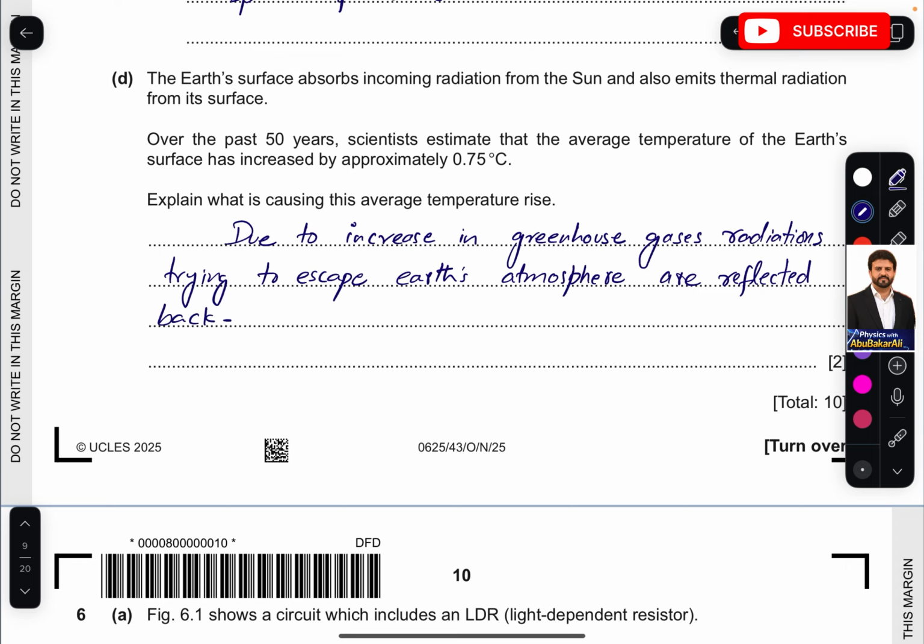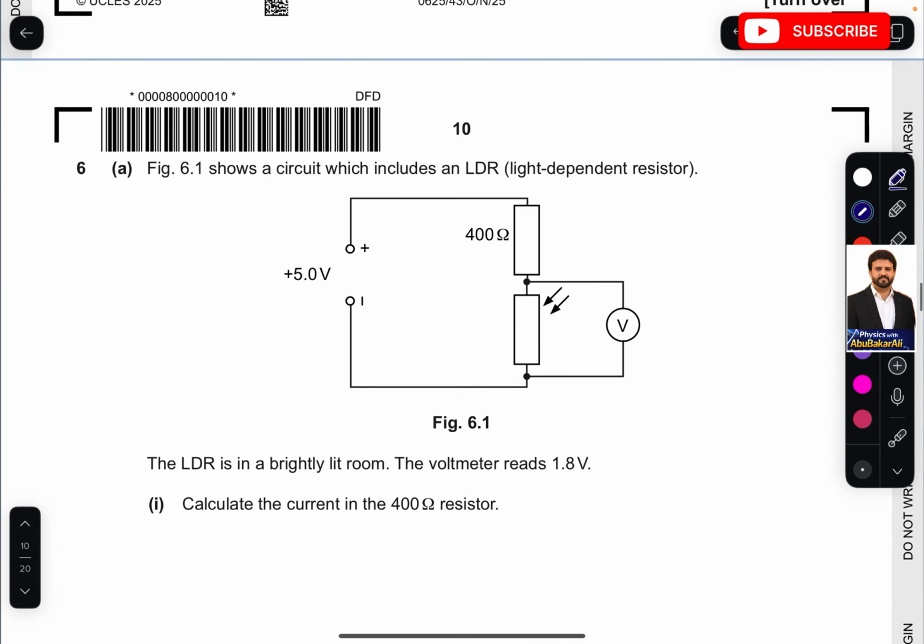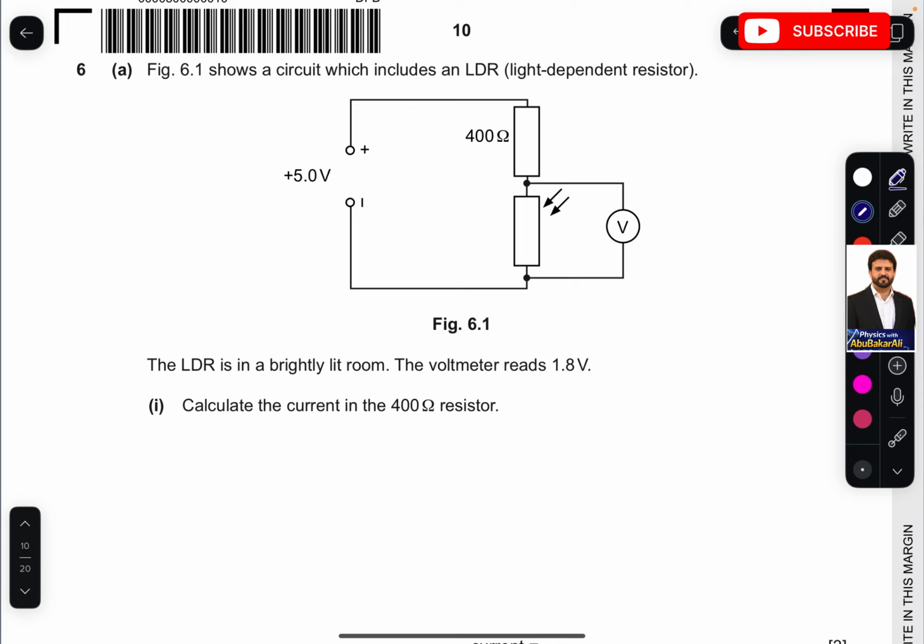So when they are reflected back, this is increasing the average temperature. We are receiving more heat and less heat is going out of the atmosphere because greenhouse gases like carbon dioxide and water vapors trap the heat. So the average temperature obviously will increase. That is called global warming as well.